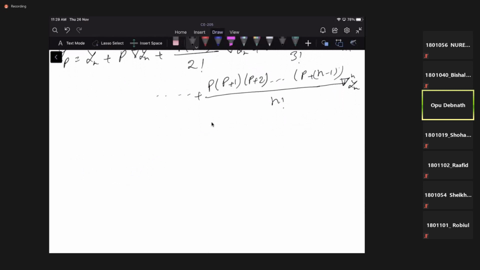So let's take an example. I will give this polynomial portion for your homework. Find a polynomial which takes the following values.